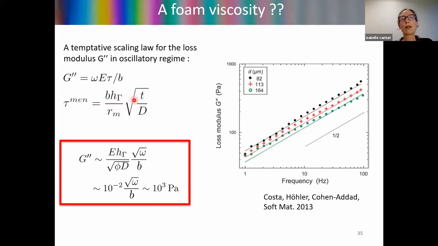That's a lot of assumptions that we are not able to test at this stage, but just to play with the idea, we combined these two pieces of information and got a prediction for the G double prime.